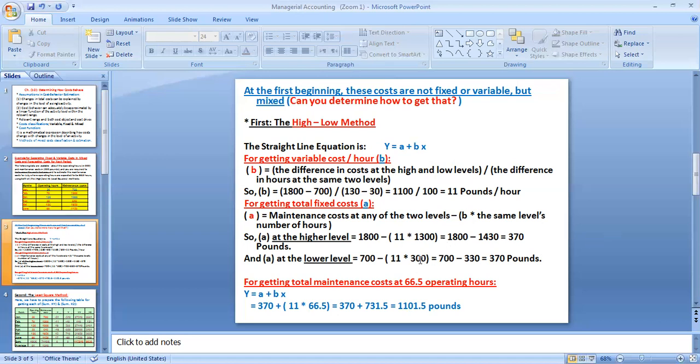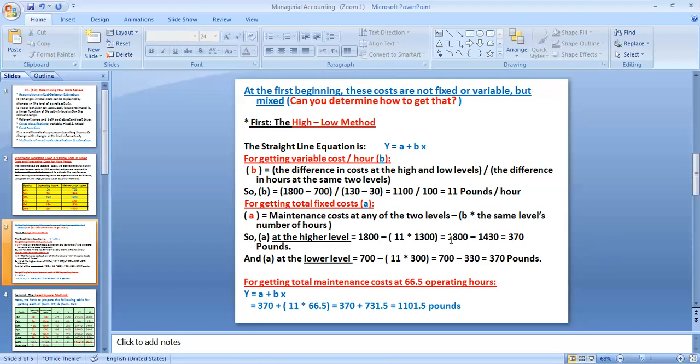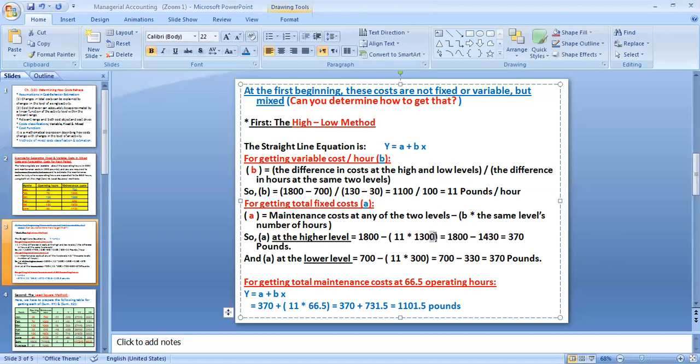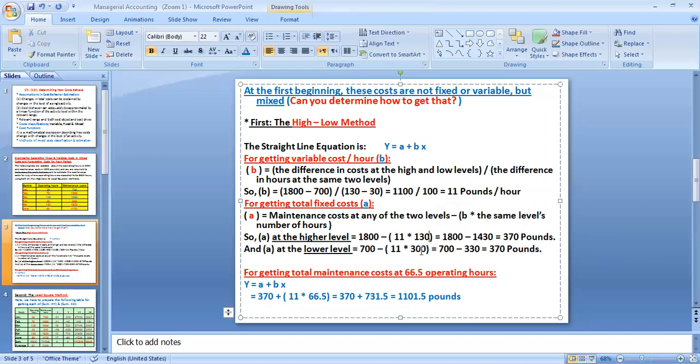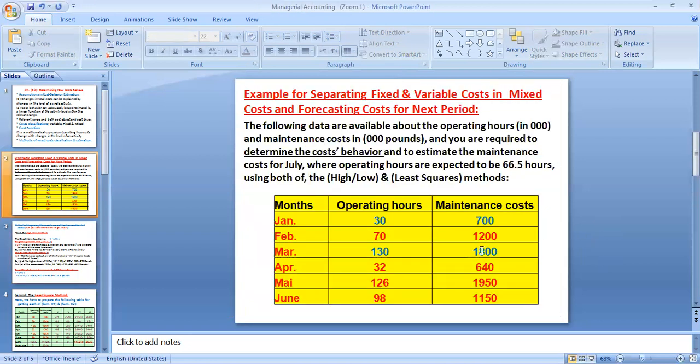Sorry, I multiplied 130 wrongly. Alhamdulillah, I got it. Again, 1,800 pounds, 130 hours.